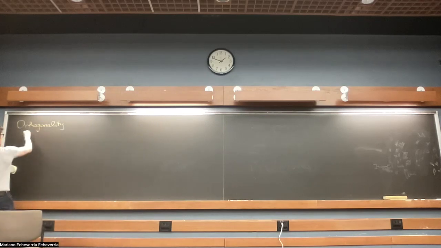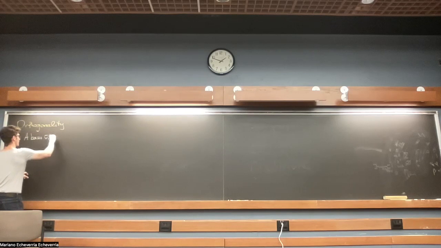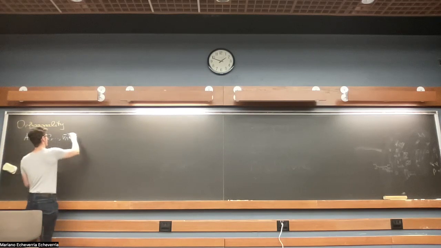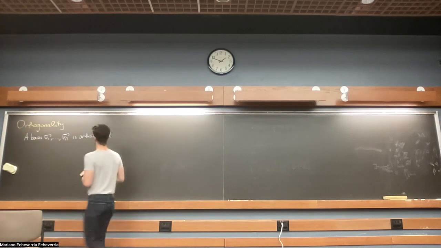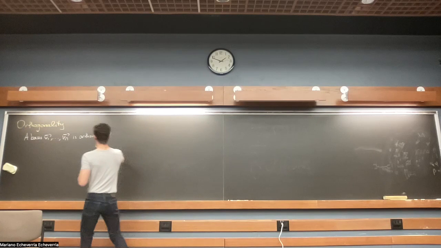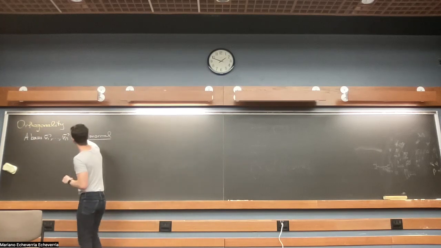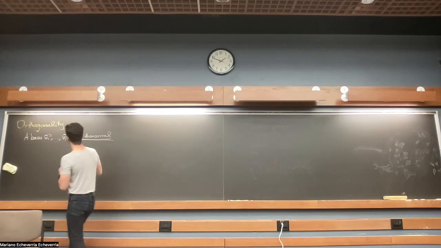A basis of a vector space is orthonormal if two things happen.